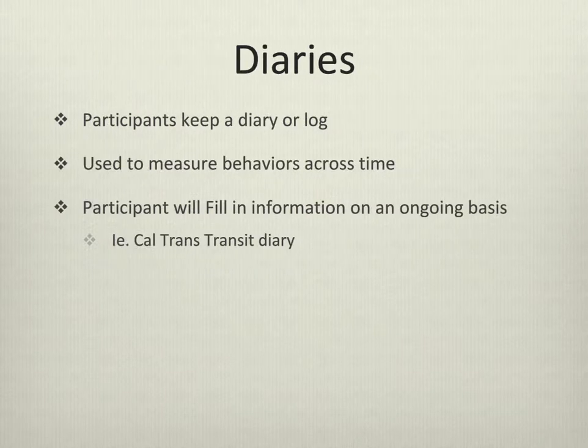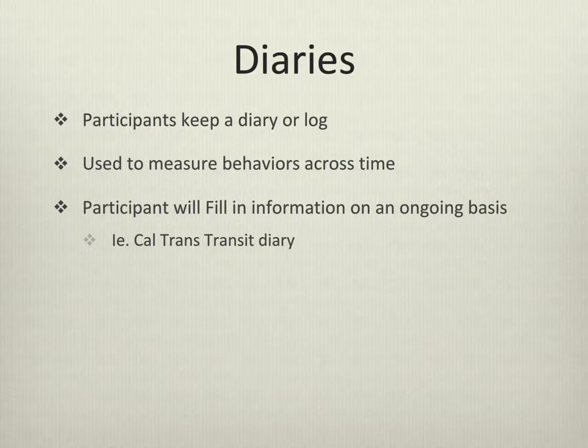A variation on a survey that's sometimes used in social science research is what's called a diary. With diary research, participants keep a diary or a log of something across a specified length of time. This obviously then is used to measure behaviors across time. You're asked to fill in this information on an ongoing basis because it's easy to forget things when you don't keep track of them right away.